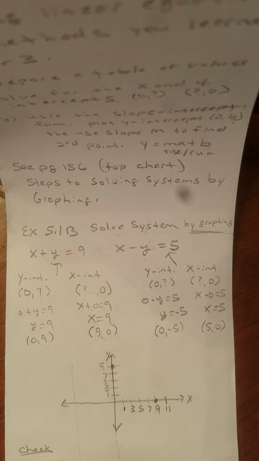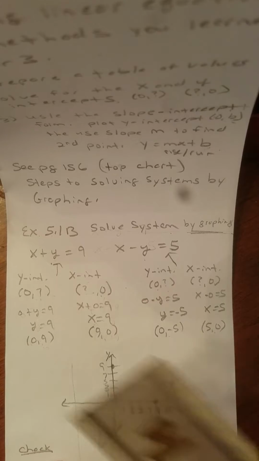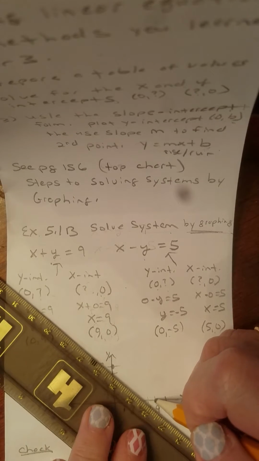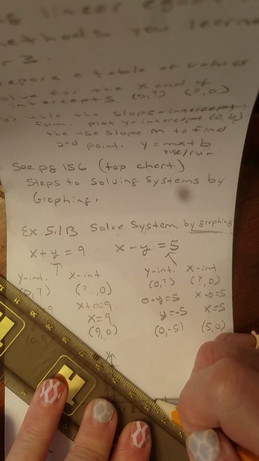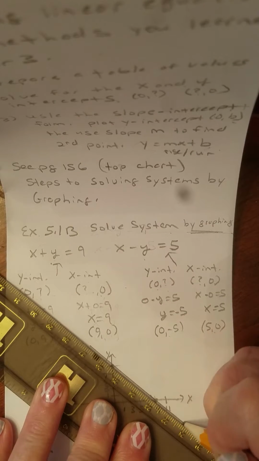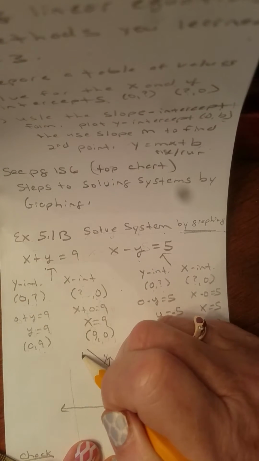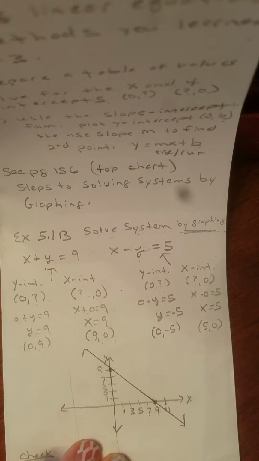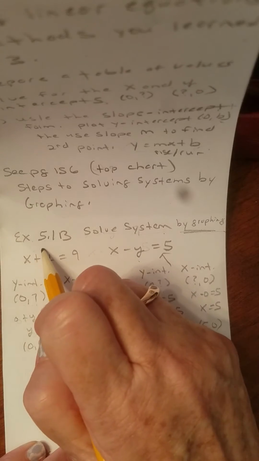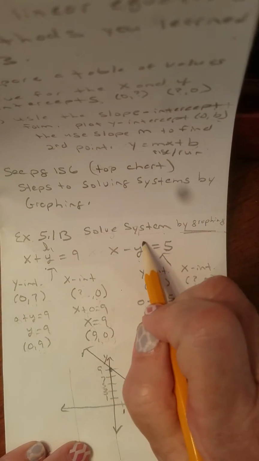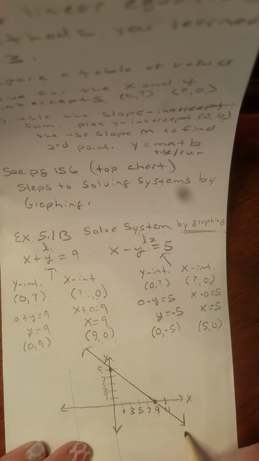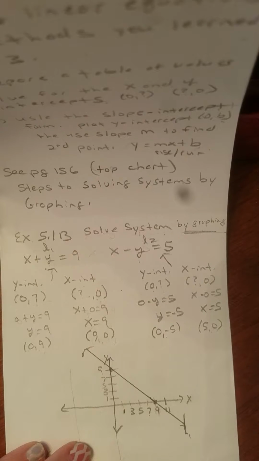I'm going to take a straight edge and connect the points. And then they always tell you to label the line. Now, instead of writing this out, I like to just say this is line 1, this is line 2. So that's line 1.